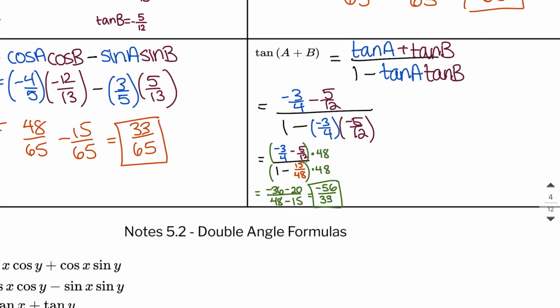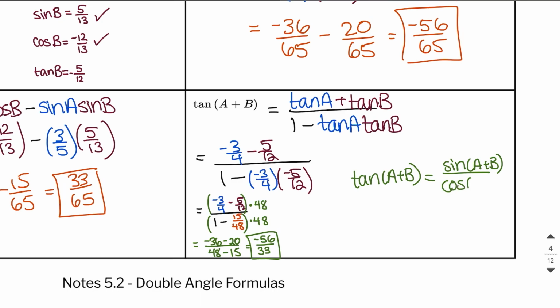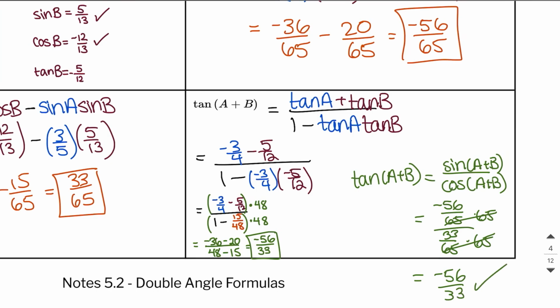But don't forget that the tangent of A plus B is equal to the sine of A plus B over the cosine of A plus B. And we figured out here that the sine was -56 over 65, and the cosine was 33 over 65. And we could multiply by 65 over 65, cancel, and I get -56 over 33, the exact same answer.